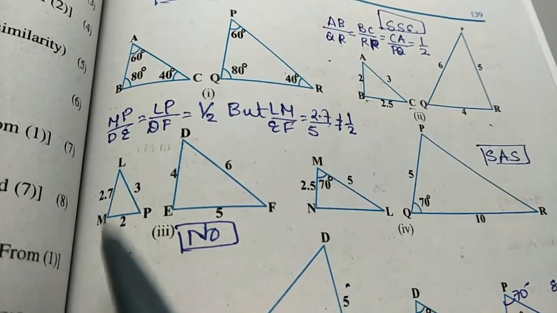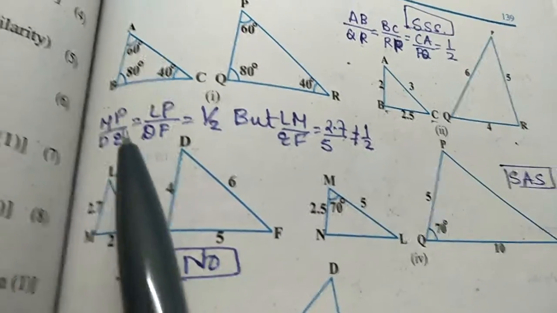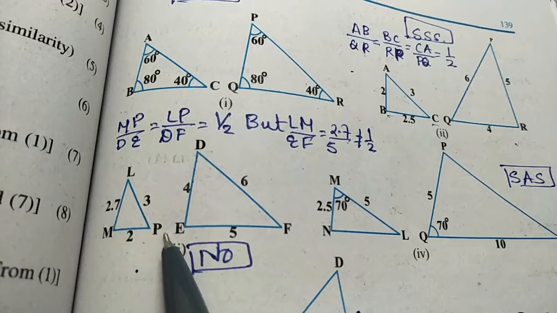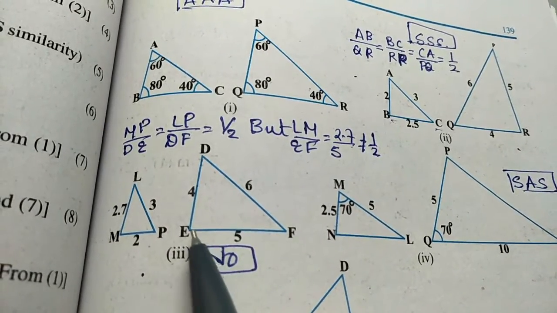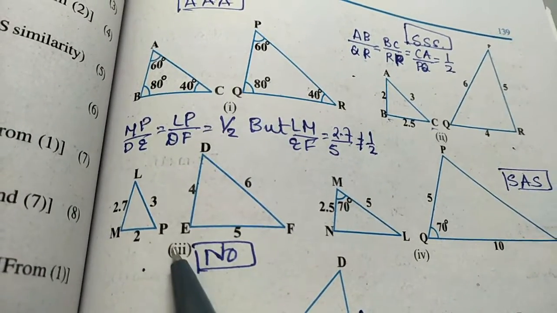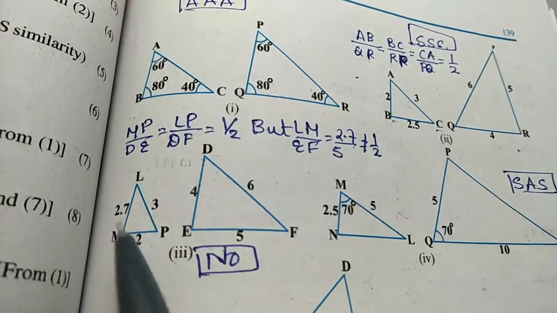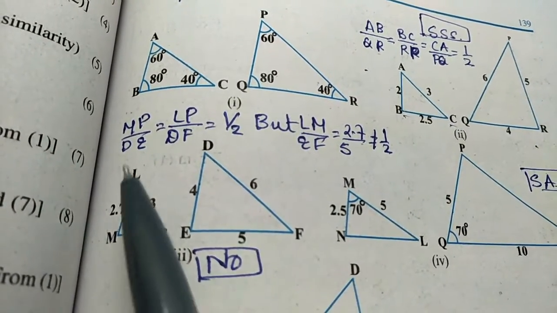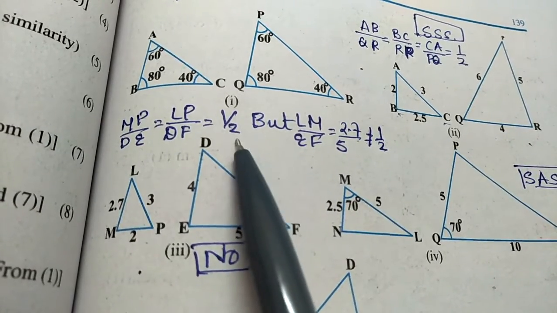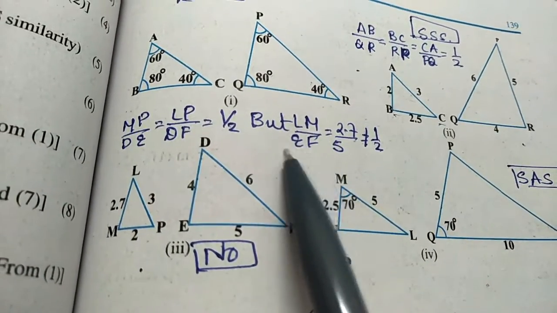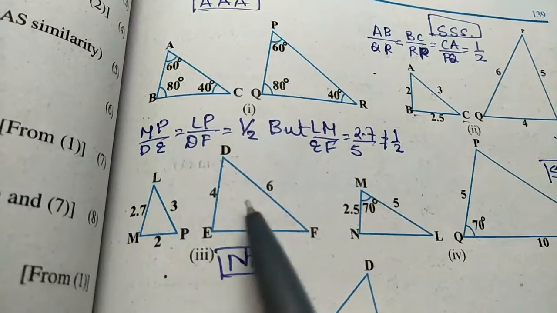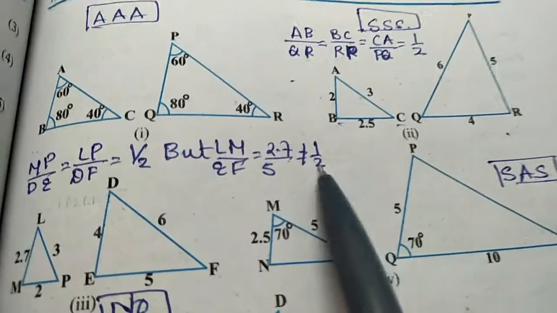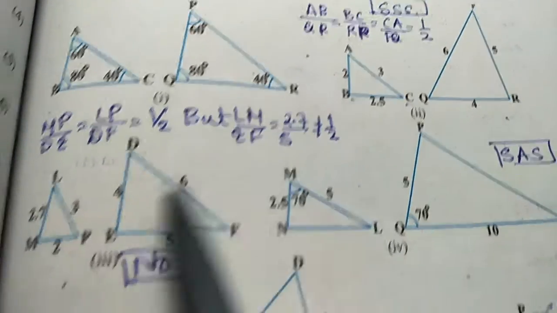Now here if you see MP upon DE, that is 2 upon 4, is 1 by 2. LP upon DF is also 1 by 2, but LM upon EF, that is 2.7 upon 5, is not equal to 1 by 2. So that means similarity is not possible here.